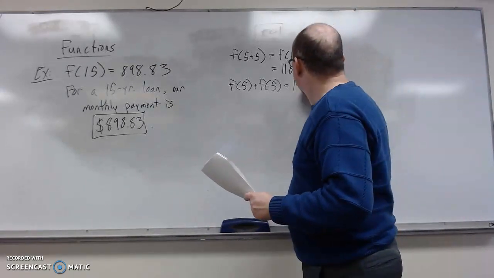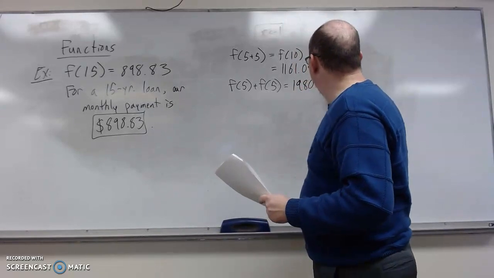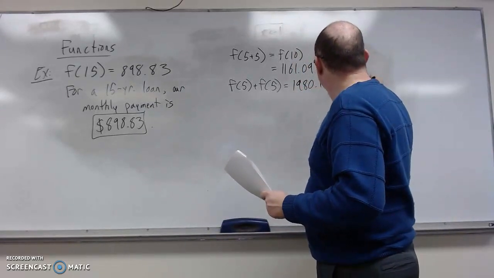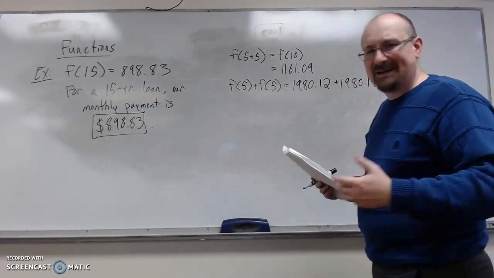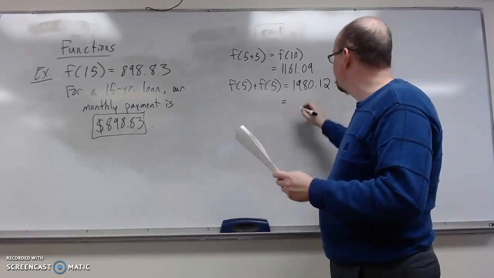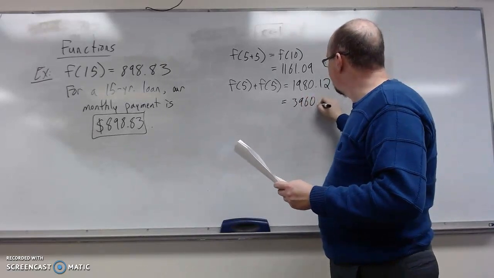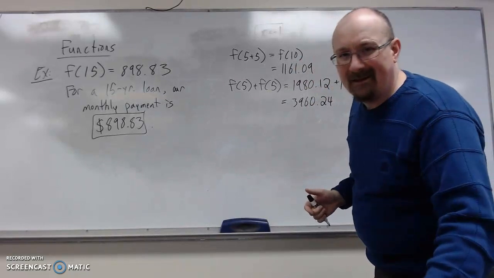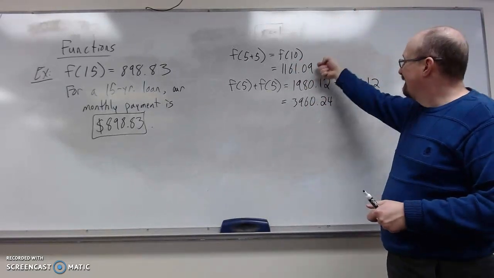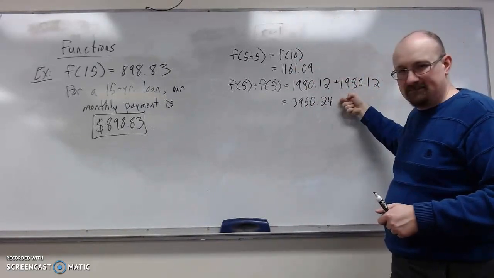So you have 1980.12 plus 1980.12. You add those together. When I did the arithmetic here, I got 3,960.24. So the question you would be asking at this point is, is this equal to this?